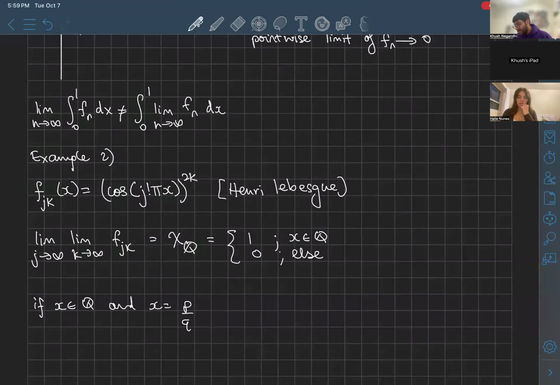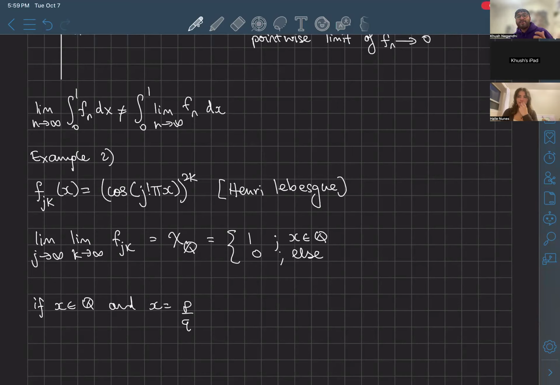Okay? If x is not rational, what happens is j factorial times x is arbitrarily close to any rational number we want. Not any rational number, but the main point is that the cosine of j factorial times pi times x is never 1 or minus 1.